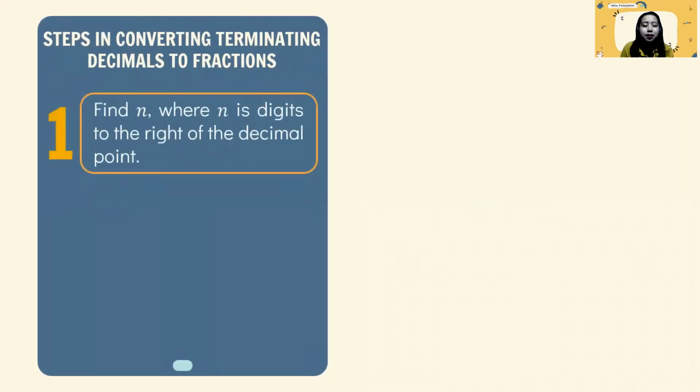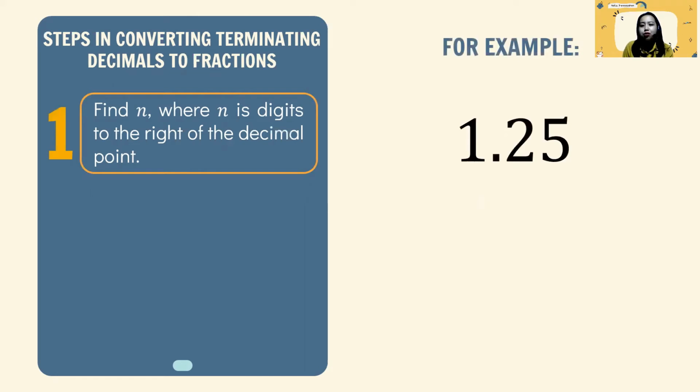The first step is to find n, where n is the number of digits to the right of the decimal point. For example, I have here 1 and 25 hundredths. How many digits are there to the right of the decimal point? That's right.